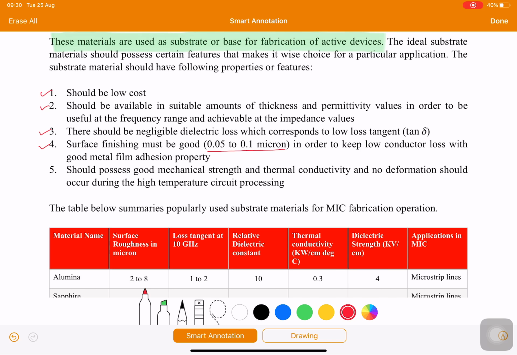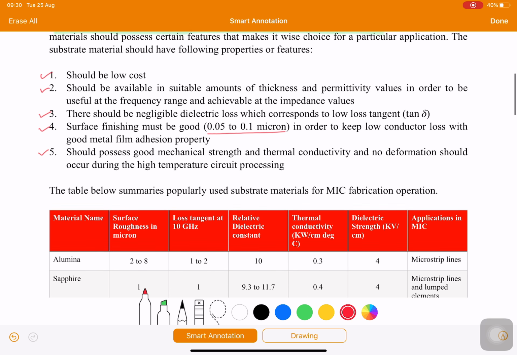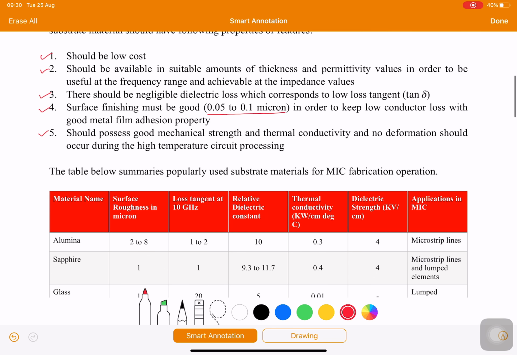And the fifth most important property is that the substrate material should possess good mechanical strength and thermal conductivity, and there should not be deformation of the substrate material during high temperature operation of the microwave integrated circuit. So these are the main typical desired features of the substrate material used in the fabrication of microwave integrated circuits.